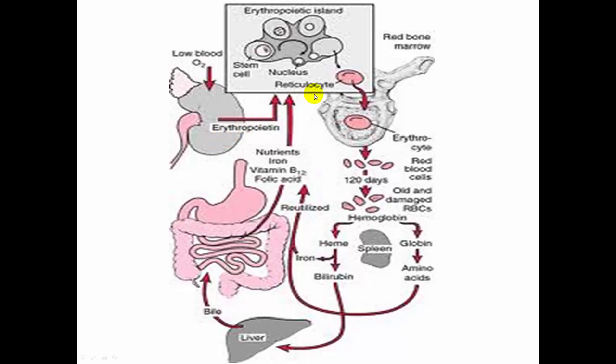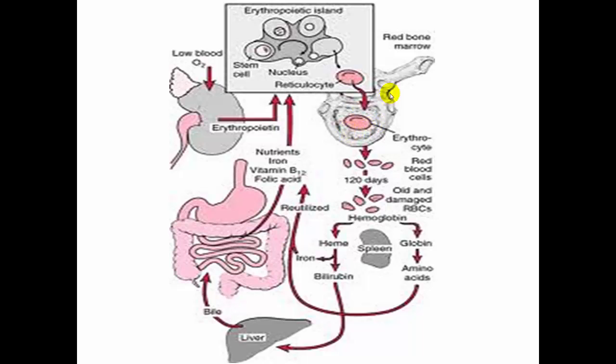So where does that production occur? Well, the production of cells that belong in the hematologic system, such as red blood cells, white blood cells, and platelets, occurs in the bone marrow. But erythropoietin's function is to stimulate red blood cell production.